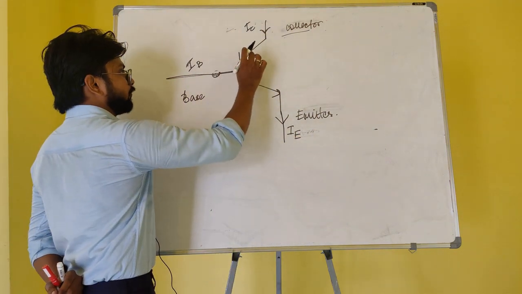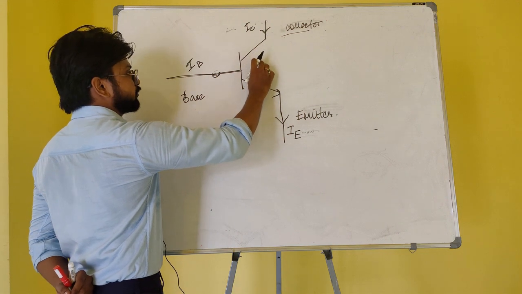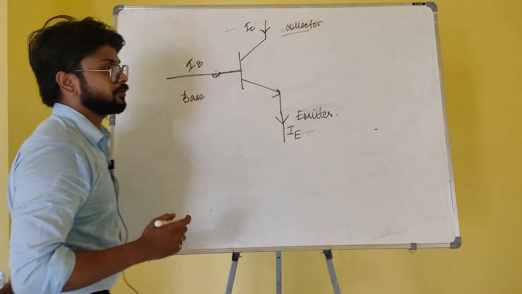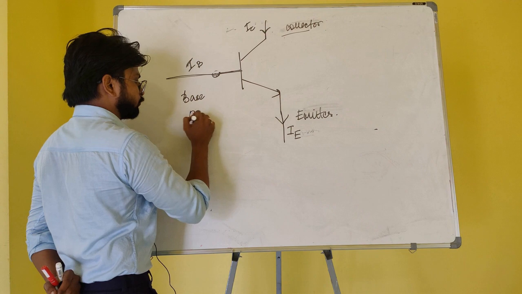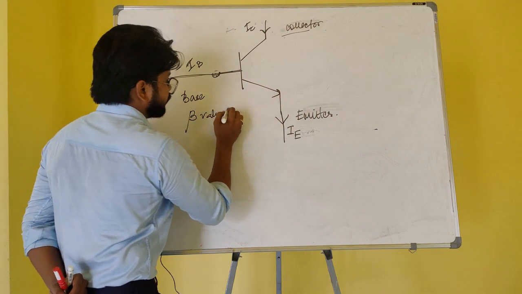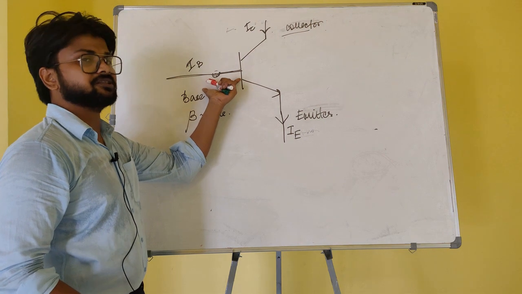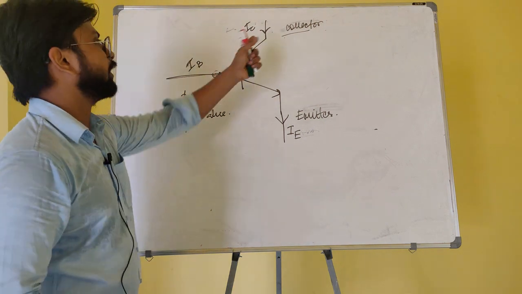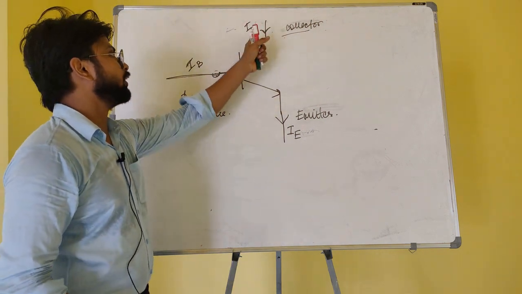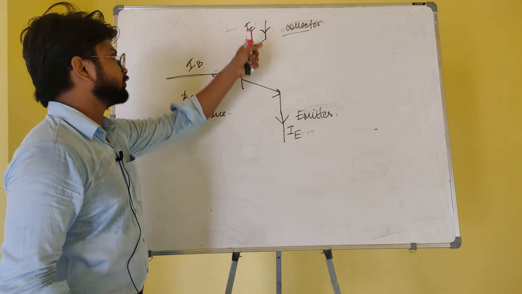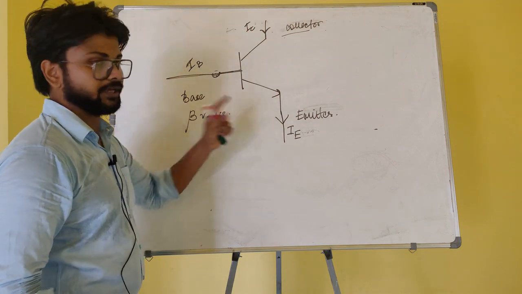The property of a transistor is defined by its beta value, which decides the relation between IC, IB and IE.